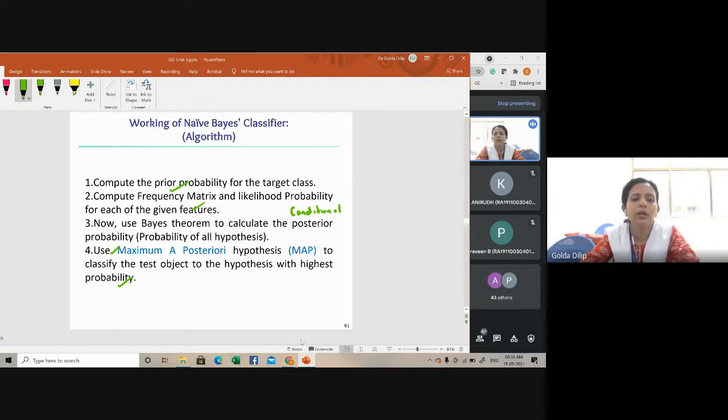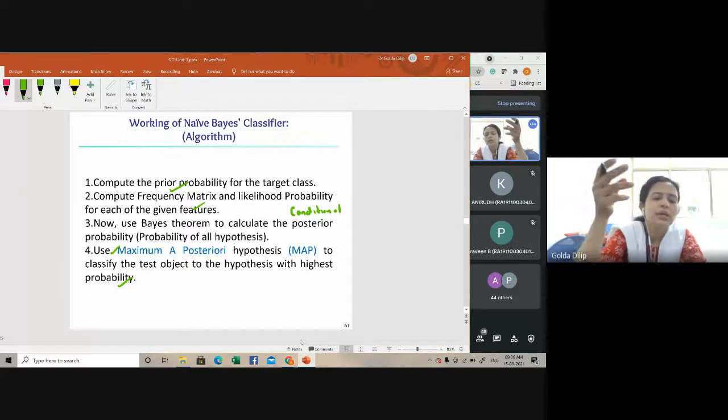As shown here, the Bayes theorem will help you in calculating the posterior probability for a number of hypotheses, from which the hypothesis with the highest probability can be selected. The selection of the most probable hypothesis from a set of hypotheses is formally defined by this particular MAP, the maximum a posteriori hypothesis.